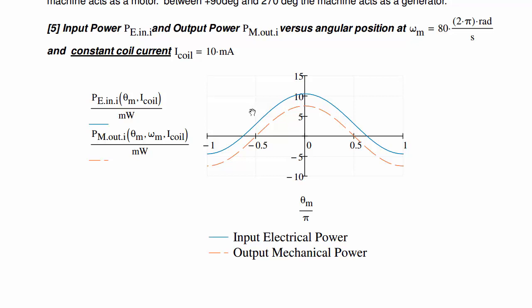So maybe we'd be somewhere around 7 or 8 divided by 2, maybe 4 milliwatts of input power.